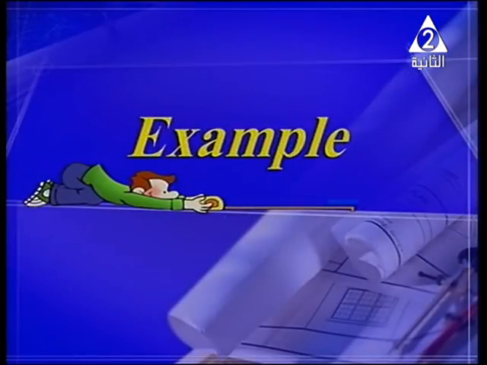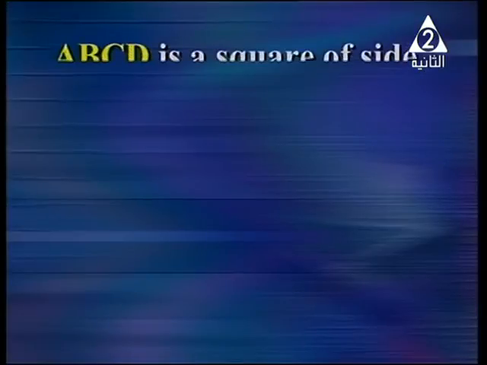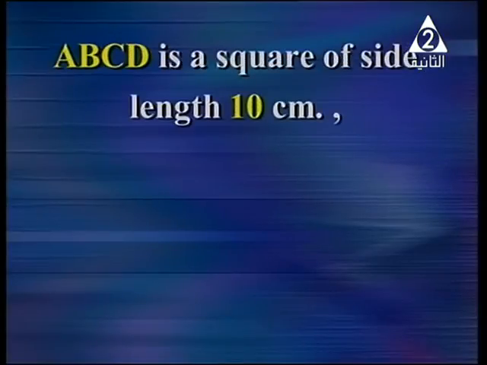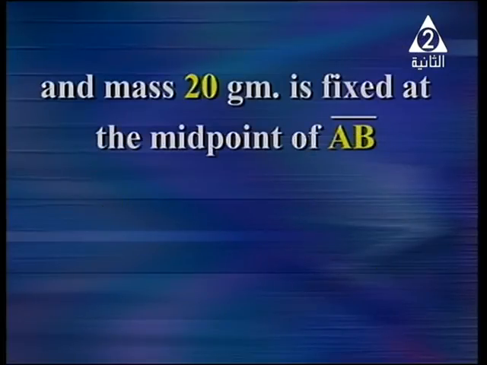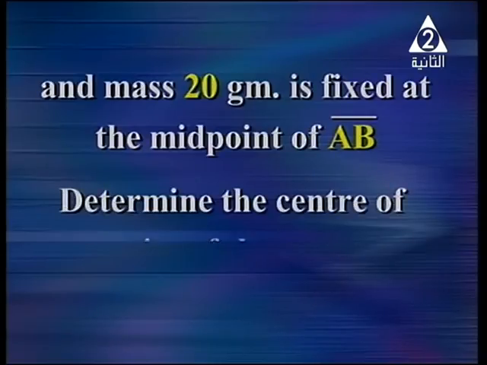Now we move to another example. ABCD is a square of side length 10 centimeters, masses of 12, 8, 6, 4 are fixed at its vertices A, B, C, D respectively. And a mass of 20 gram is fixed at the midpoint of AB.